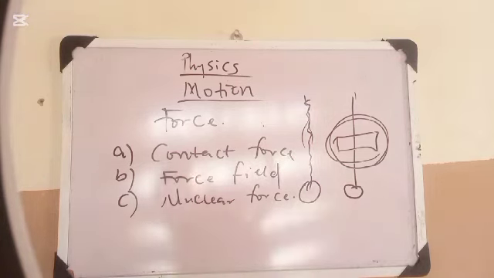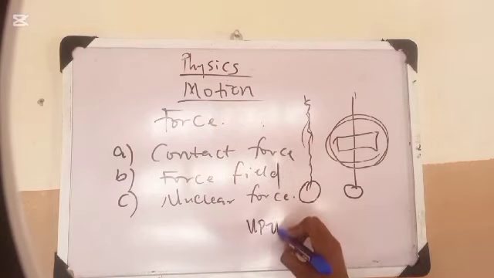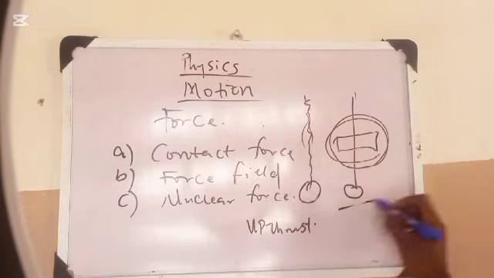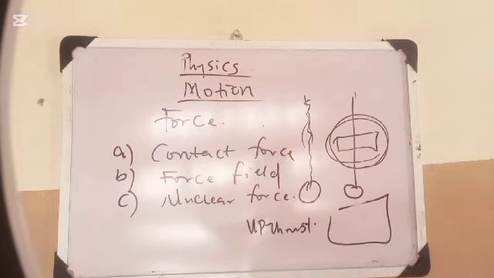The second type of force is what we call the upthrust. This one occurs when you put a body of mass inside a liquid. For example, you have a bowl of water and you drop a metallic ball inside of it.